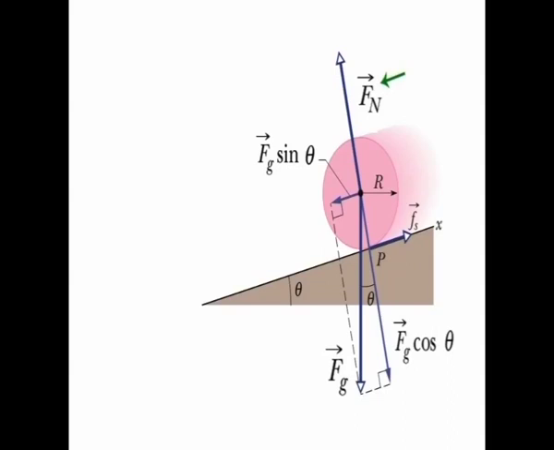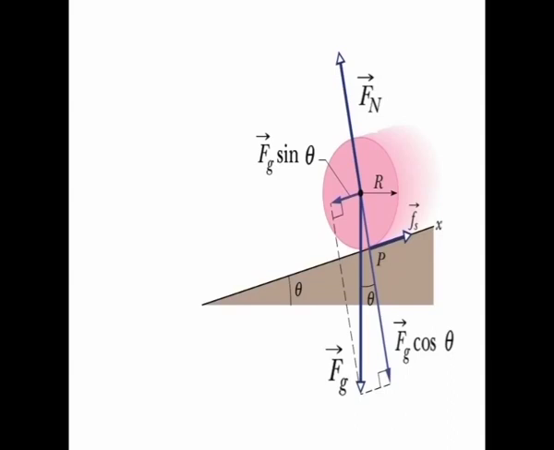It acts at the point of contact P, but in the figure the vector has been shifted along its direction until its tail is at the body's center of mass. A static frictional force Fs acts at the point of contact P and is directed up the ramp.